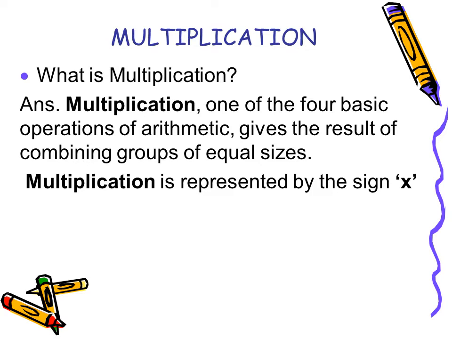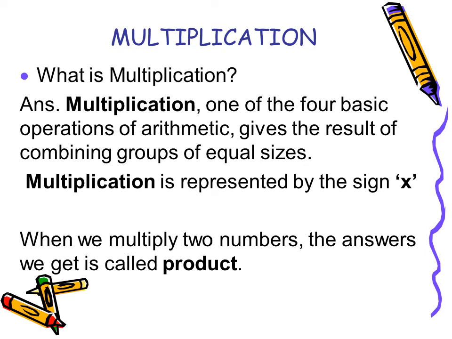It gives the result of combining groups of equal sizes. We have to combine groups of equal sizes, or sometimes the sizes are unequal, and we combine them by multiplying them, and the answer we get is called the product.